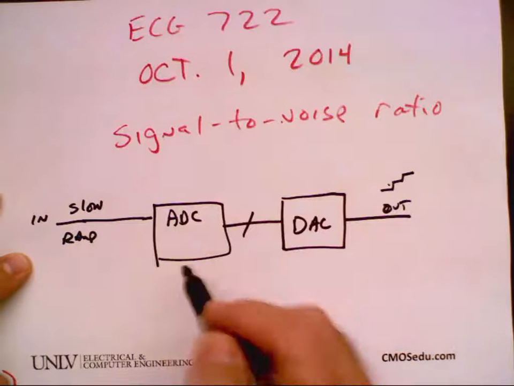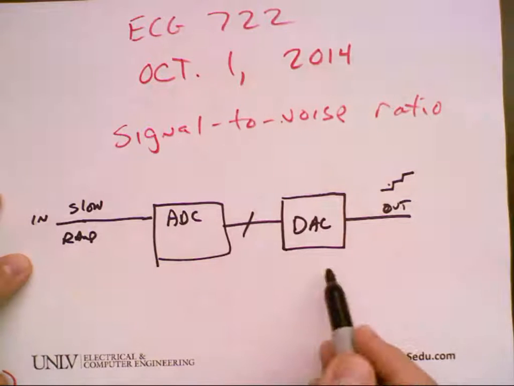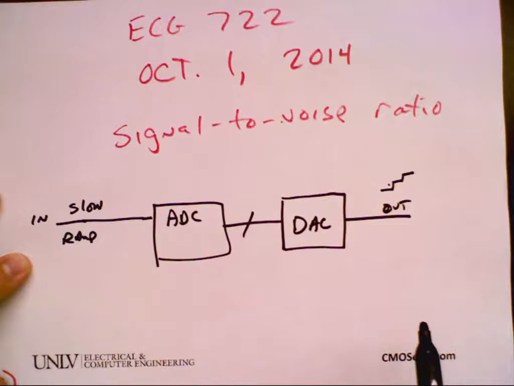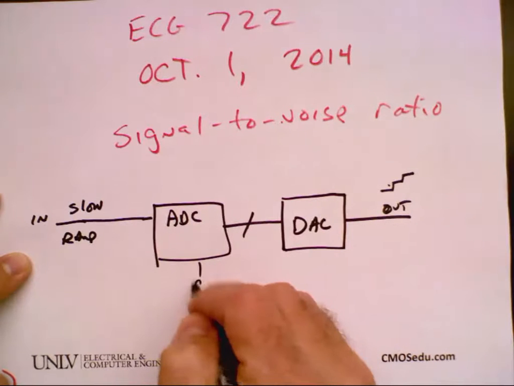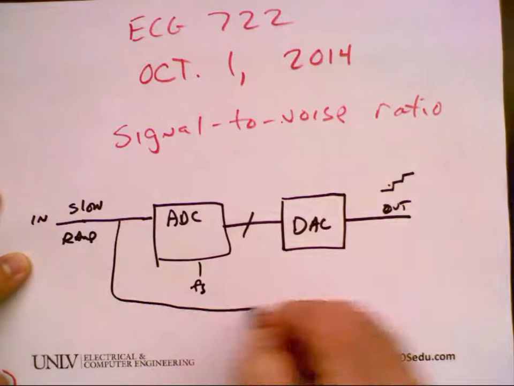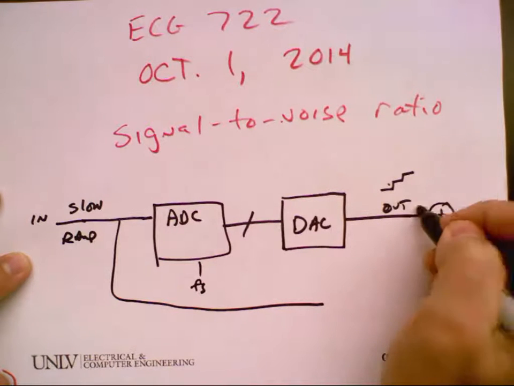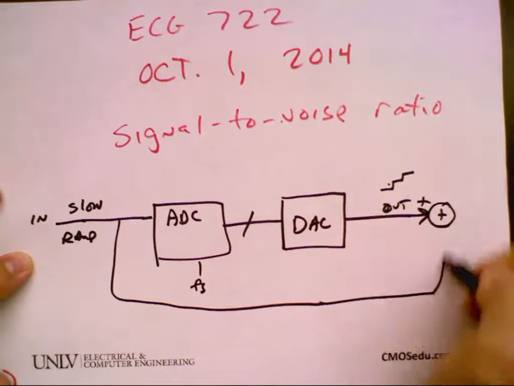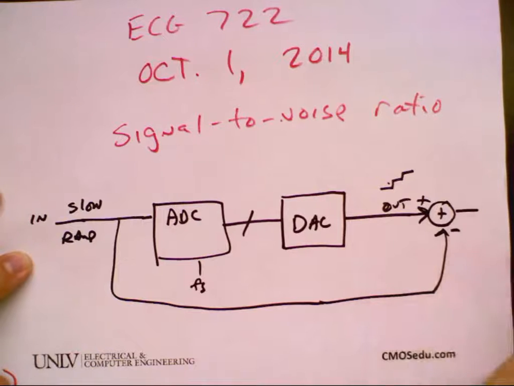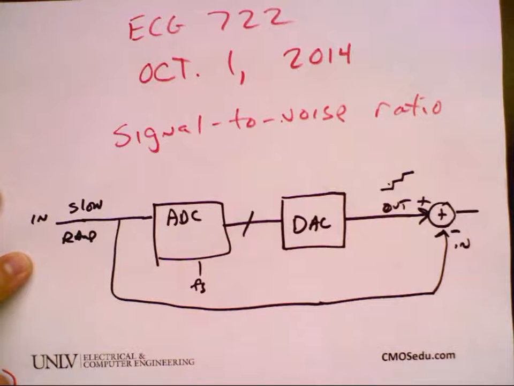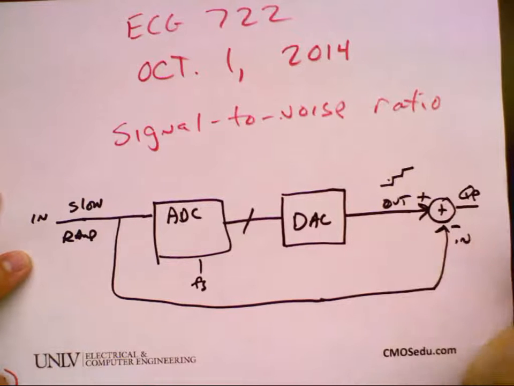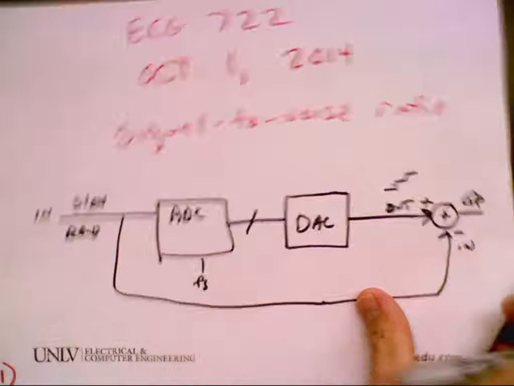So then we take that input and feed it into an adder, and the difference between the input and the output is the quantization error.